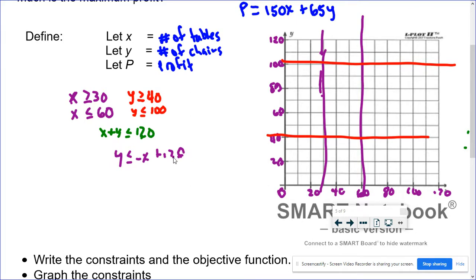So it's a diagonal line with a y-intercept of 120 and a slope of negative 1. I think it got messed up at the bottom here, but it's through the appropriate place, and it would be less than that. So underneath that green line is the shaded part of the graph.